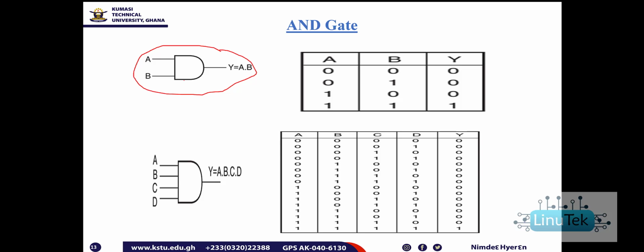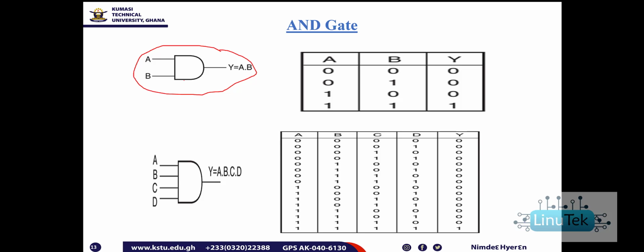So for a 2-input AND gate, where you have 4 possible combinations of input, where there is 0, 0 as input, the output is what? 0. 0, 1, the output is 0. 1, 0, the output is 0.